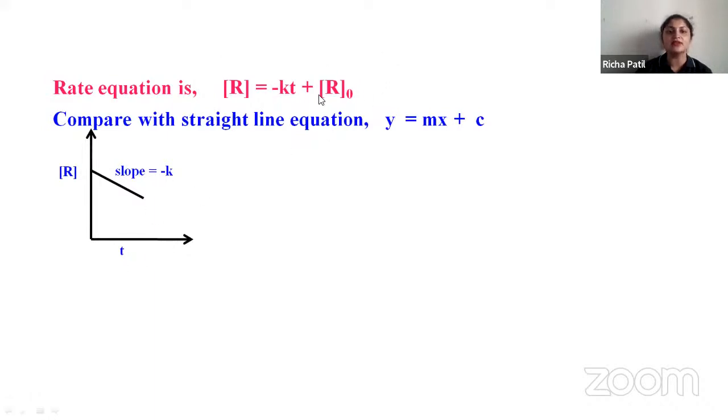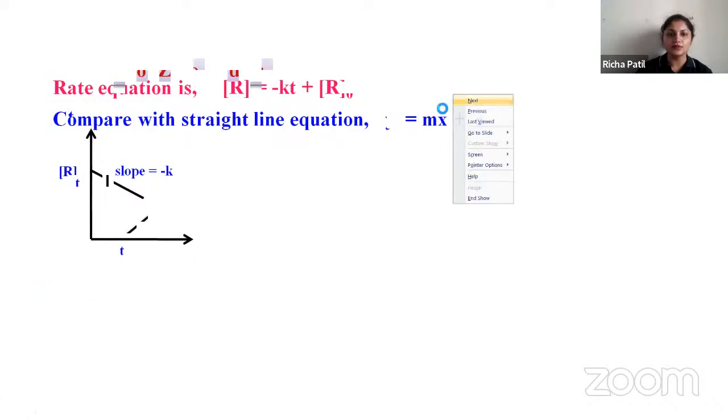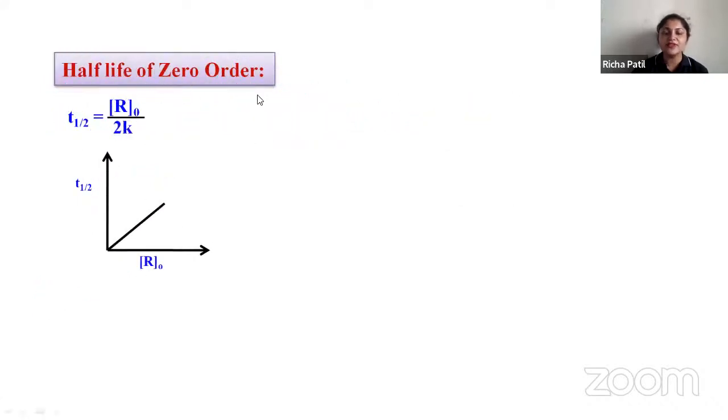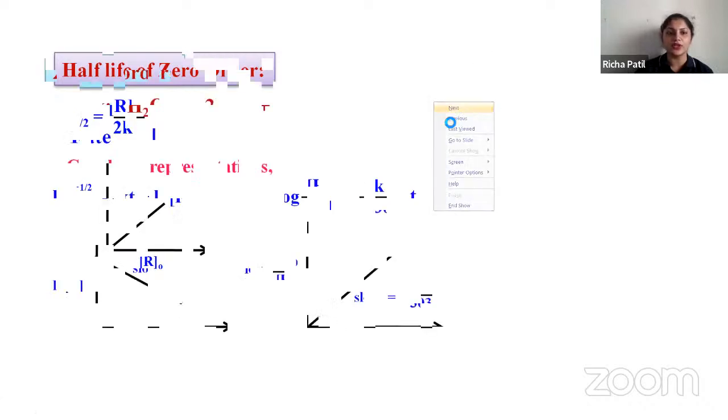You draw the graph for this equation. Next, the half-life of zero order is t half equals concentration of R naught divided by 2k. If you take the graph of t half versus R naught, it is a straight line from the origin.